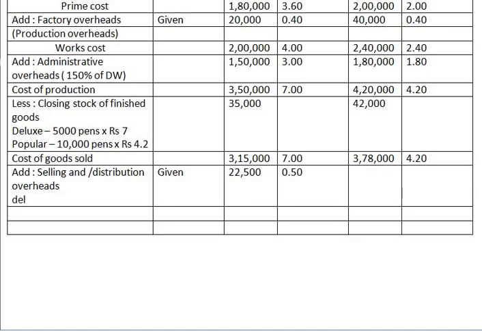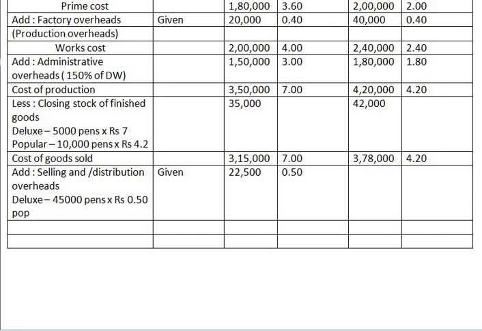That is deluxe 45,000 pens into rupees 0.50.